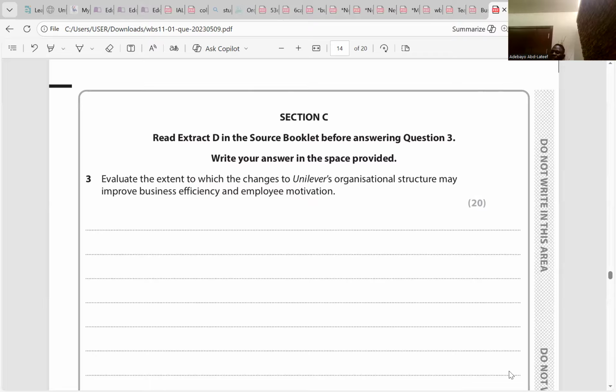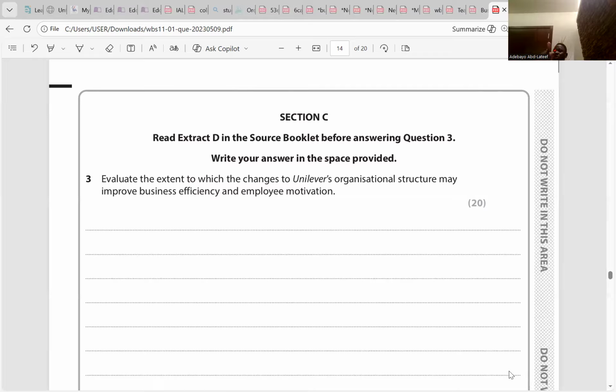Two, a flatter structure allows workers to be less remote to their managers, and this may improve their motivation. With a tall hierarchy, managers are remote to employees. But when we have a flatter structure, everyone works under the same manager, so managers are closer to employees, and that might improve their motivation.